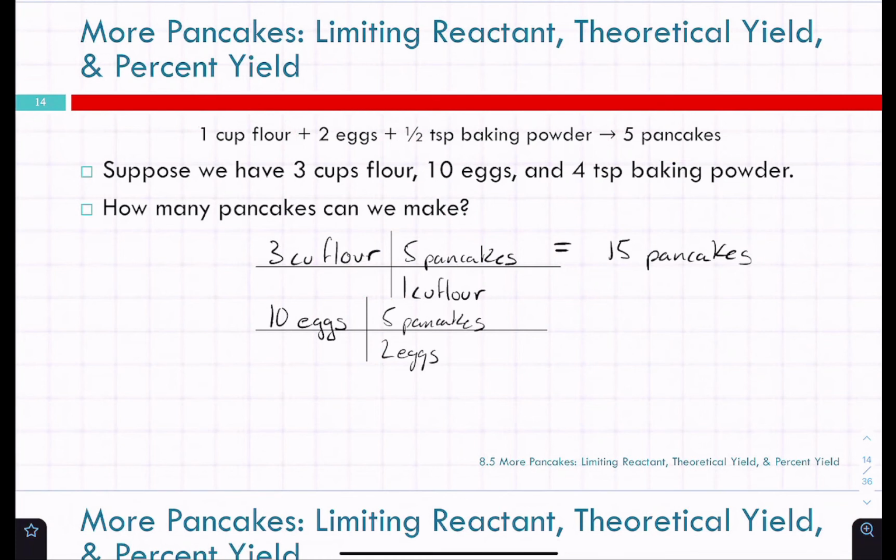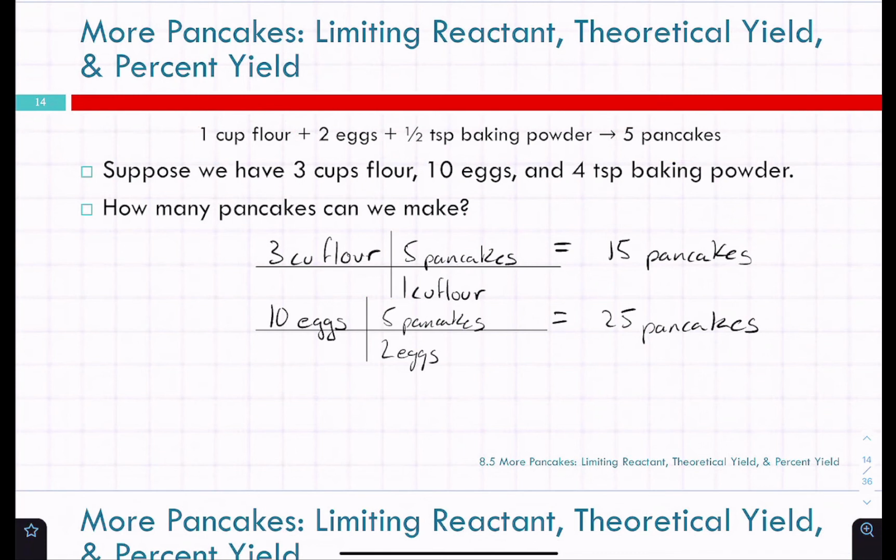So 10 times 5 is 50, divided by 2, that would make 25 pancakes. But we already know with the amount of flour that we have, we can only make 15. So we have more than enough eggs, more eggs than we can even use.